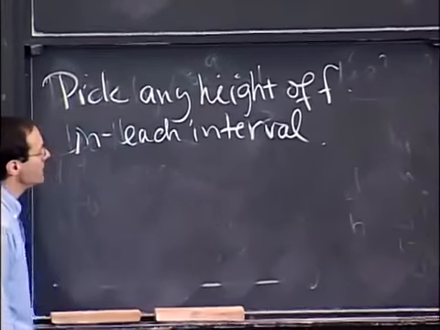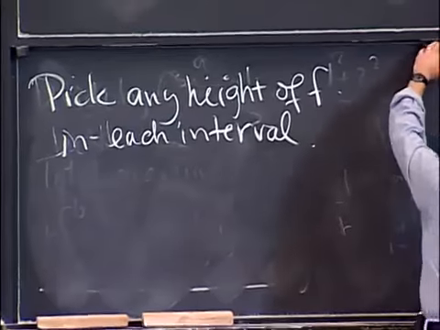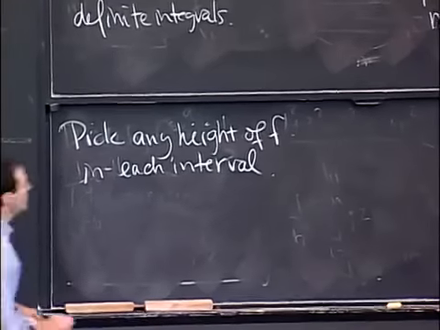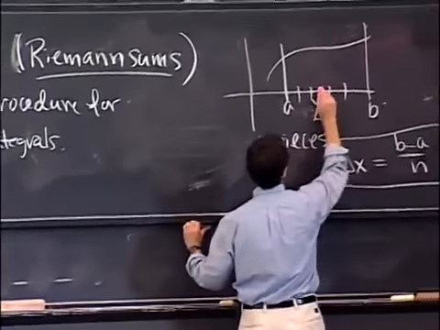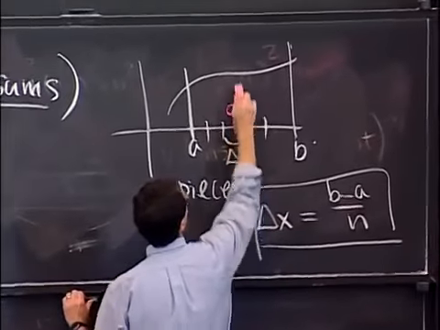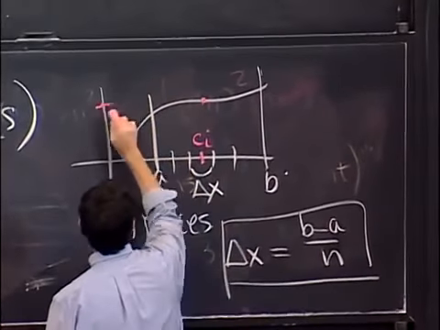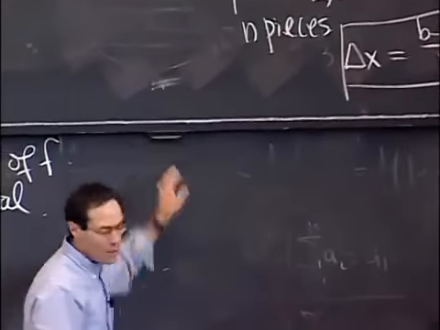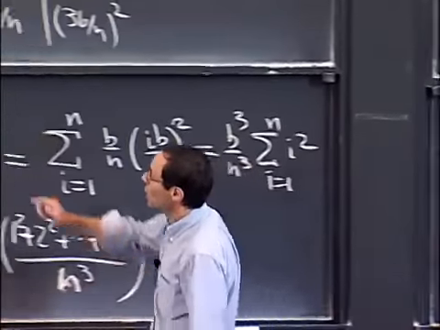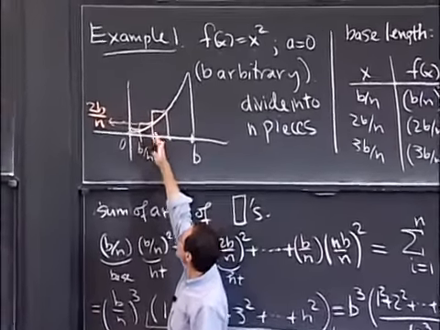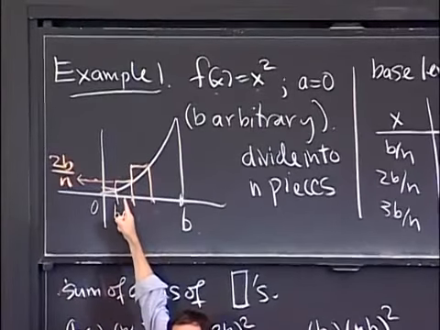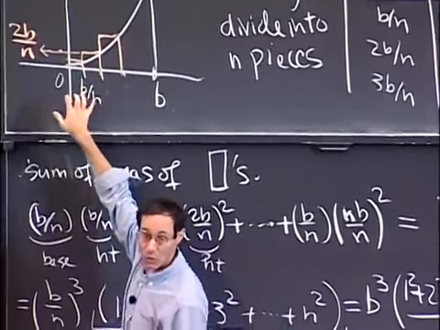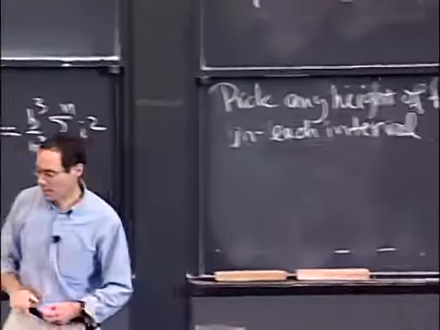So what that means, let me just show it to you on the picture here, is I just pick any value in between. I'll call it Ci, and then I go up here and I have the level, which is f of Ci, and that's the rectangle that I choose. In the case that we did, we always chose the right hand, the largest, but I could have chosen some level in between, or even the left hand end, which would have meant that the staircase would have been quite a bit lower. All right, so any of these staircases will work perfectly well.